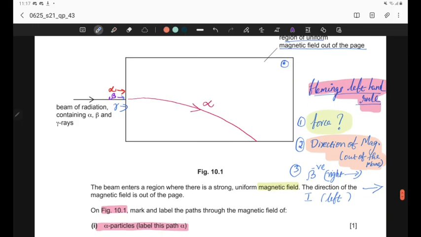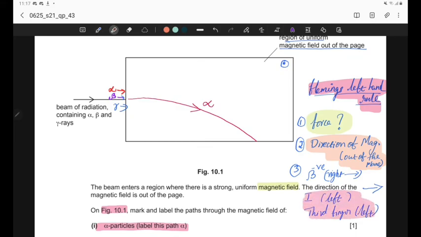Because of that, the third finger or the middle finger, you should point towards left. That is a very important point.